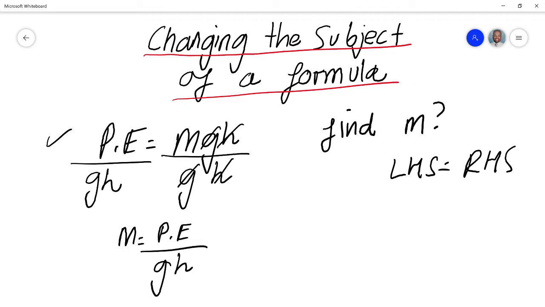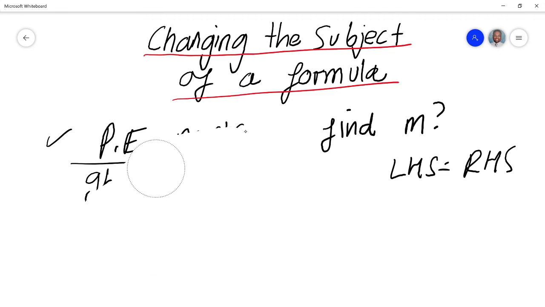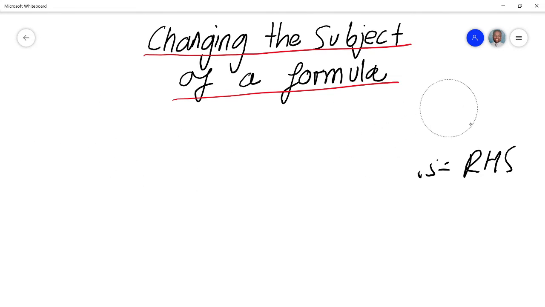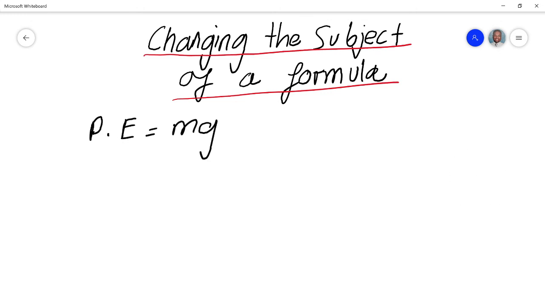Let's try again, but this time let's make h the subject of the formula. So let me rub this out. We know potential energy PE is mgh and we want to find h.